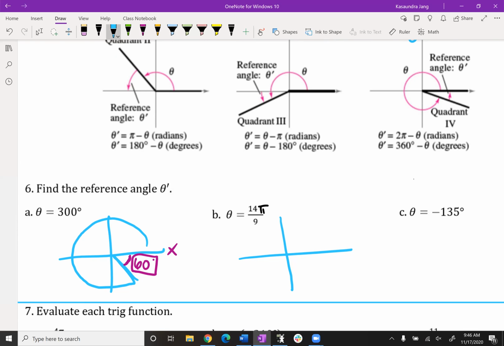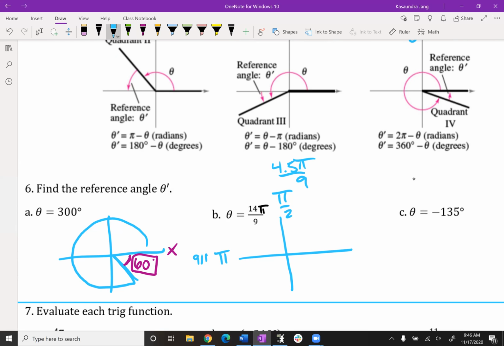I know that in terms of ninths, this is pi halves up at the top there. In terms of ninths, maybe I'll put it as like a 4.5 pi over 9. Does that make any sense? Same thing as pi halves. Okay, and then this is usually we treat it as just plain pi, which would be like 9 pi ninths.